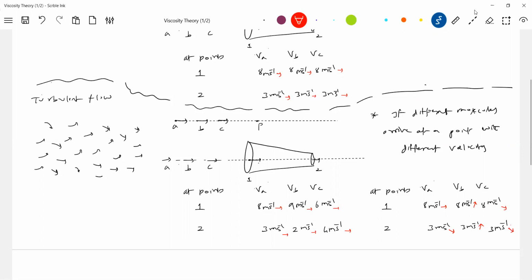A good example: when rain comes, the way the water flows on roads is a turbulent flow. Or take honey, a thick liquid, and open the lid and try to pour honey into some other bowl. Honey will flow gradually; that is a streamline flow. If you open a tap and water comes with more force, then it's a turbulent flow.